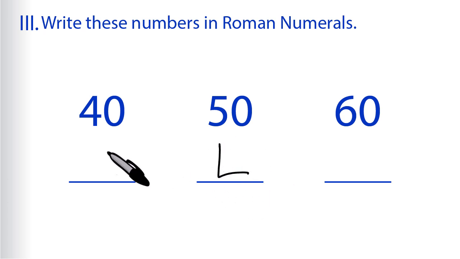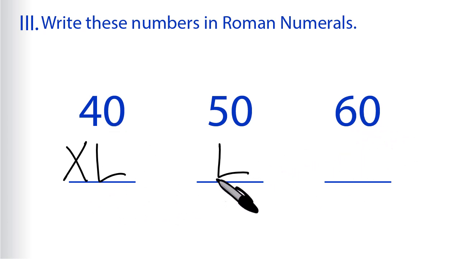So for 40, we want to subtract 10 from 50, and so we put an X to the left of the L. We put the X before the L, which means that we subtract from it because X is a smaller value than L. So XL means 10 less than 50, which is 40.